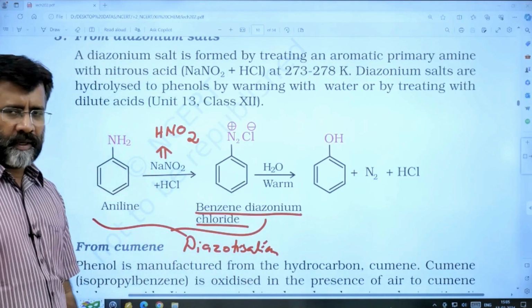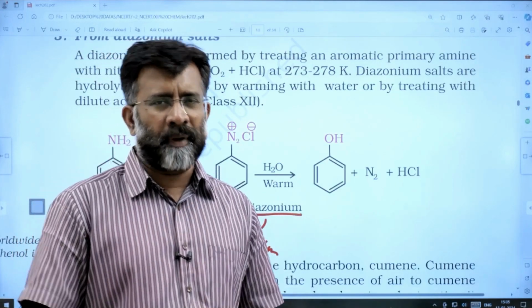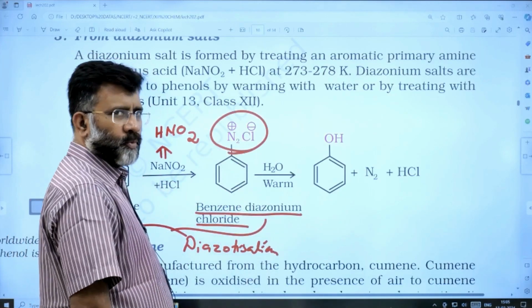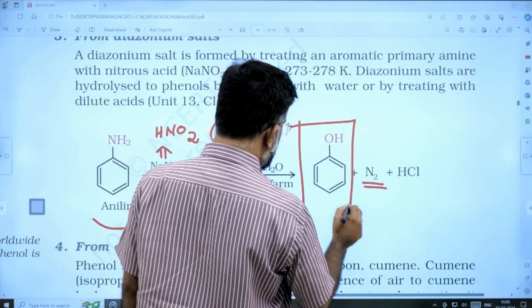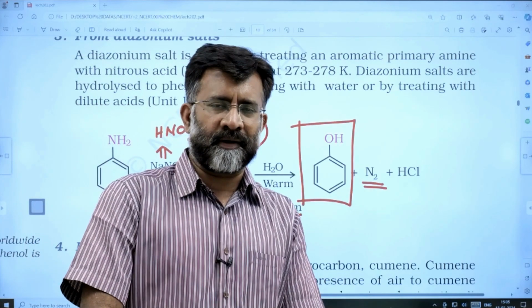What happens to benzene diazonium chloride when treated with water or simply warmed? This extremely unstable group is expelled as nitrogen gas, and hydrolysis happens, giving phenol.